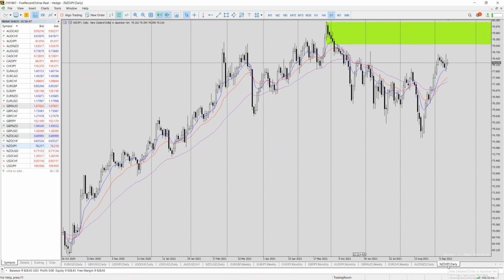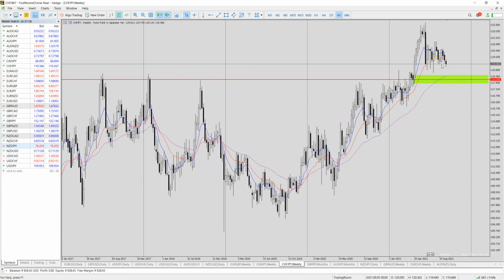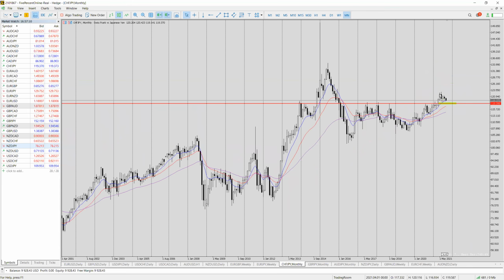So basically, yen pairs look very interesting in the long term for long trades, and Swiss yen is one of them. Looks very nice, only after a confirmation, a retest of this zone, or a clear reversal candle around either the resistance line, the moving average, or this demand zone.